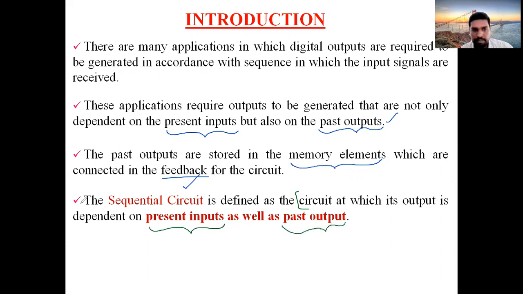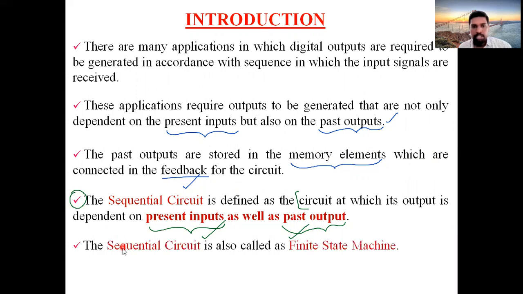So very, very important definition. Please note it down in your notes. The sequential circuit is defined as the circuit at which its output is dependent on the present inputs as well as the past outputs. In order to store these past outputs, we are using these memory elements, and these memory elements are connected in the feedback part of the circuit.